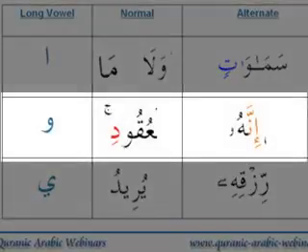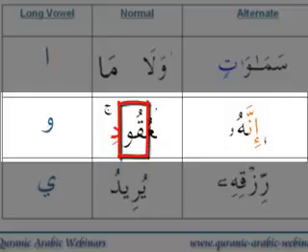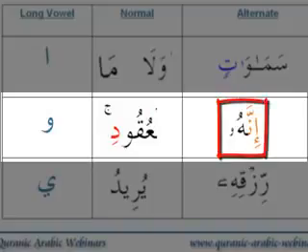So here we have in the normal column the qaf with dhamma and waw. So the waw there is acting as the long vowel, so that's qu, too long. And in the alternate column you'll see we've got inna, hu. Hu is too long.